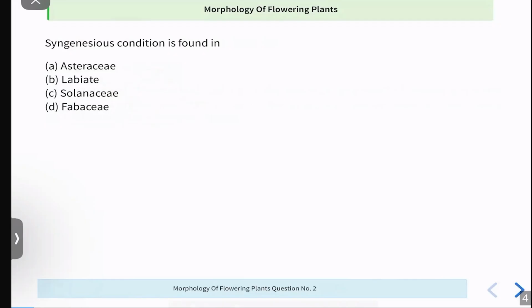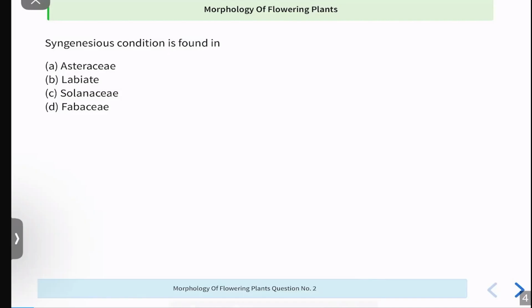Syngenesious condition is found in. This is our second question, and let's decode this word: syngenesious. Syn, what do you mean by syn? It means that they are together.